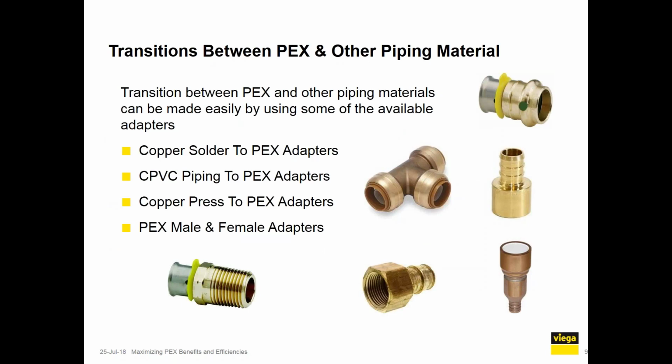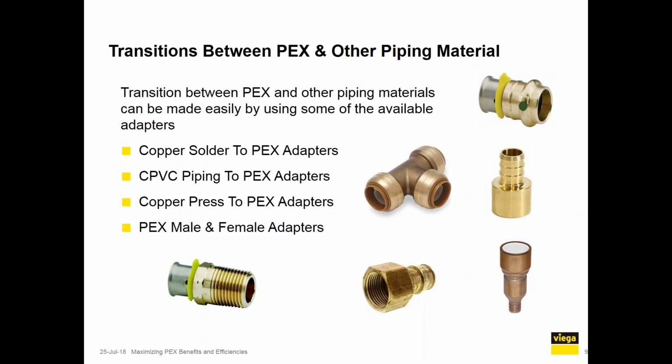Often you're going to be transitioning between PEX and other materials, and those transitions can easily be made using many of the available adapters. You can be transitioning from copper to PEX using a solder adapter, or even a press adapter, which Viega carries and is the only manufacturer of a copper press to a PEX press fitting.